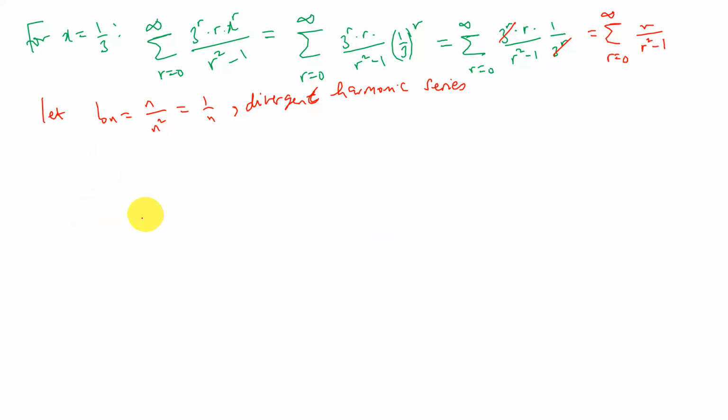Let this one be, obviously, a divergent harmonic series, and consider the limit as n approaches infinity of AN over BN.